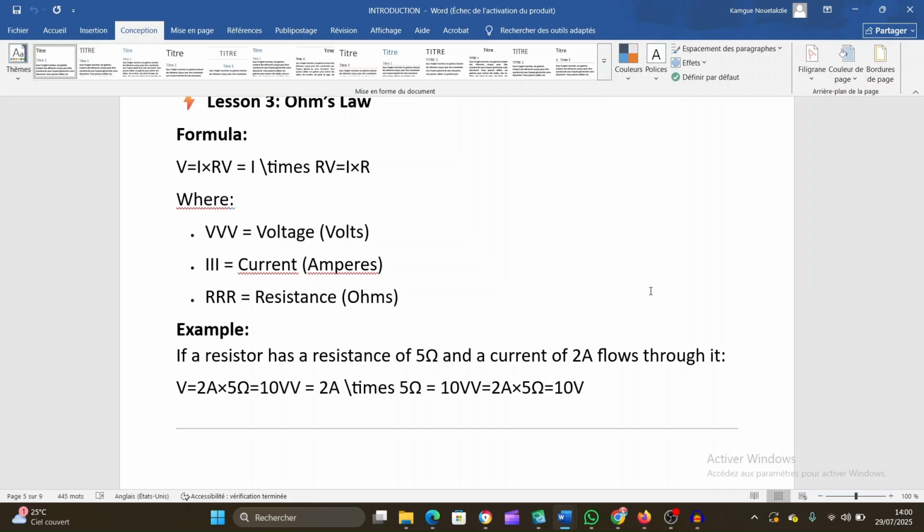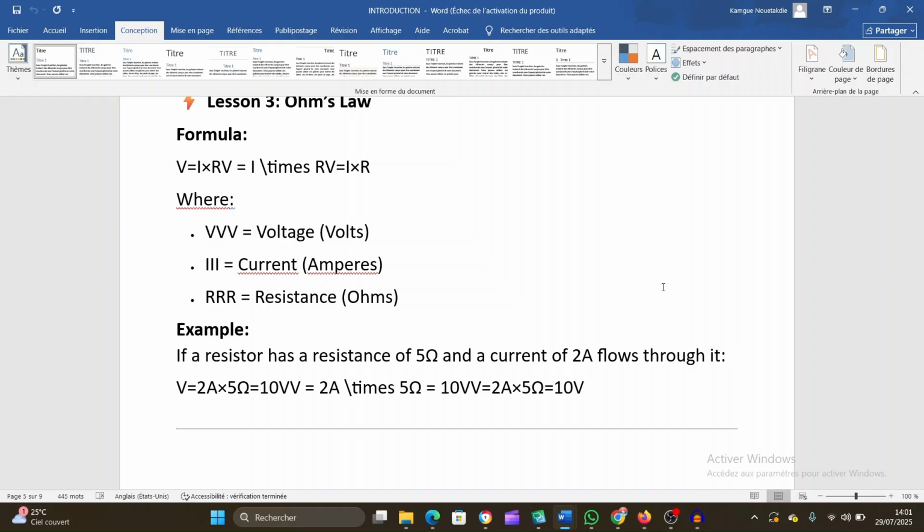You remember when we started this course, we made mention of components. Can you remember when we made mention of components? Yes. If you remember, good. If you don't remember, don't worry. We shall come back to that with time. So let's talk a little bit about some basic electrical components.